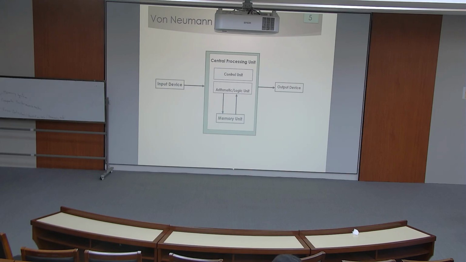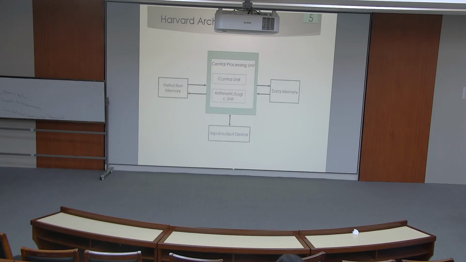So there is a problem that we call bottleneck problem. To solve this issue, Harvard architecture was introduced. As you can see from this diagram on the screen, we have a memory unit for data and a memory unit for the instructions.